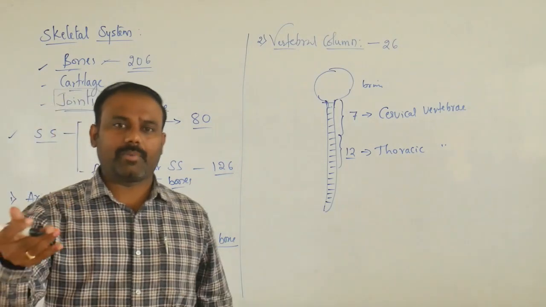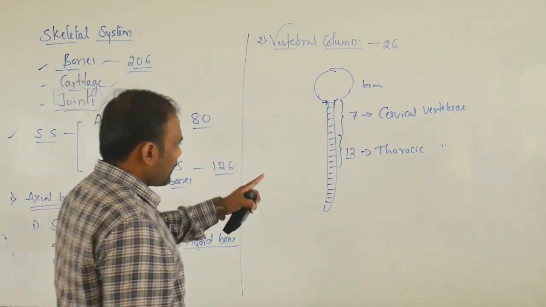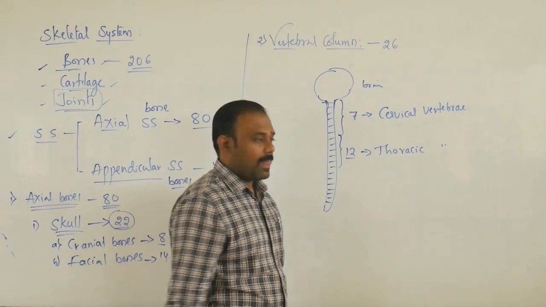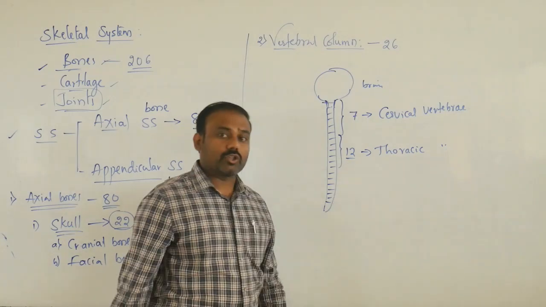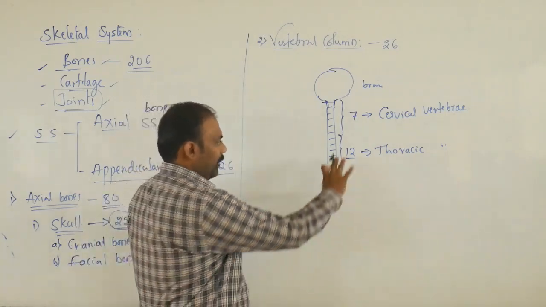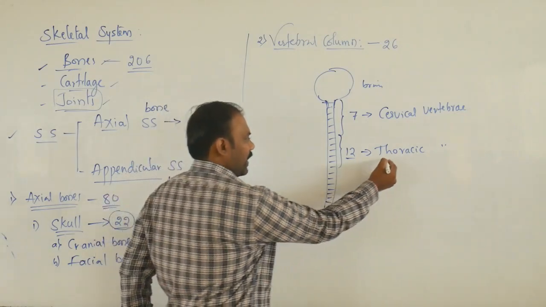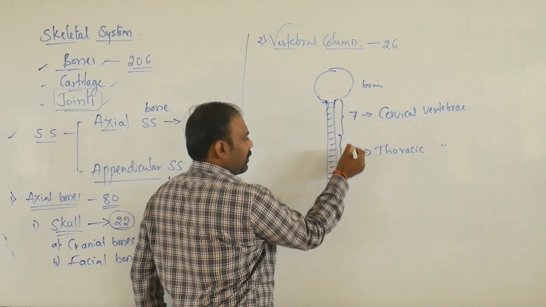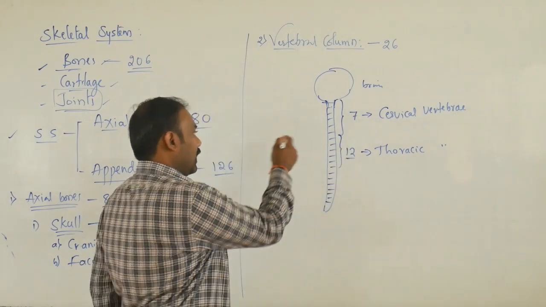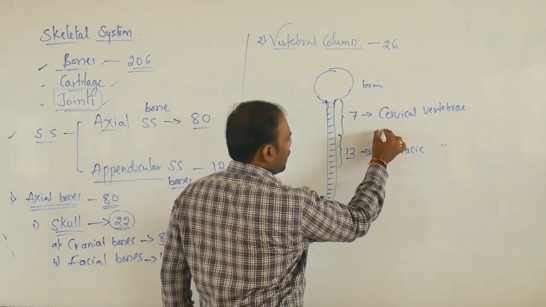Vertebra, single word; vertebrae, plural form. So, first 7 are cervical vertebrae, and next 12 are thoracic vertebrae. They are present in the thoracic region, chest region. Yes, 7 plus 12, right? 7 plus 12 means 19.